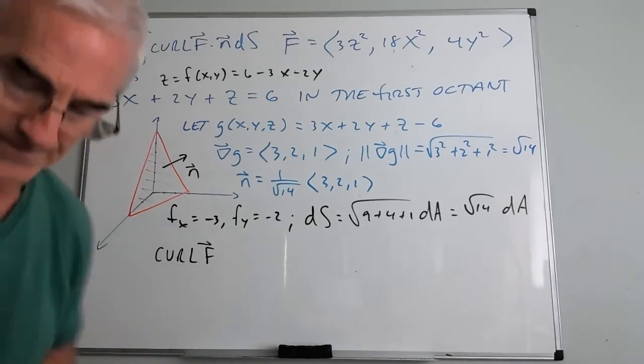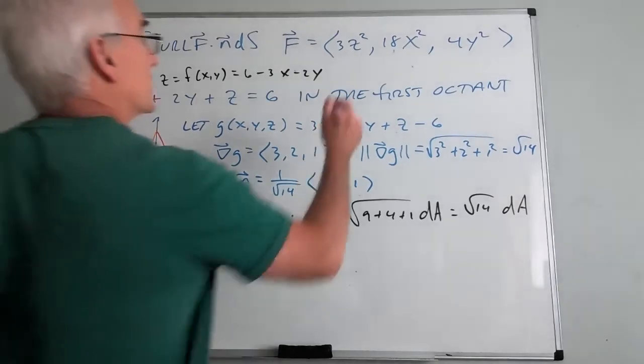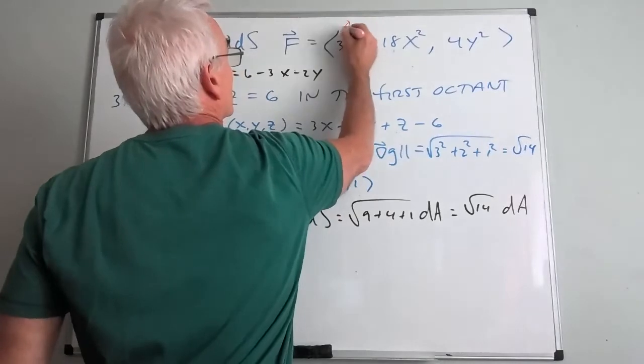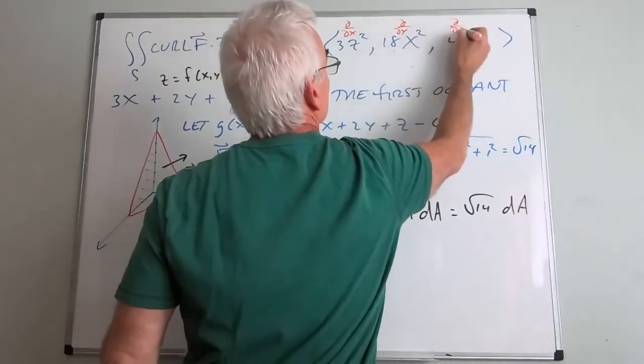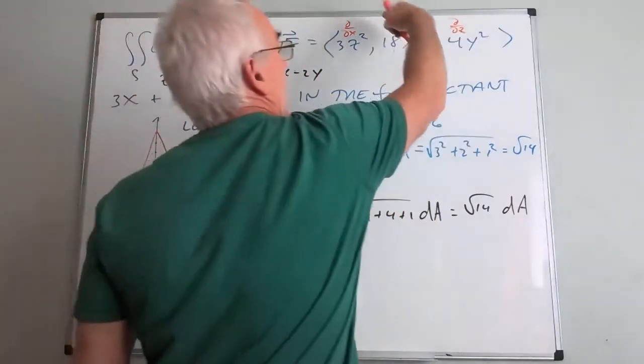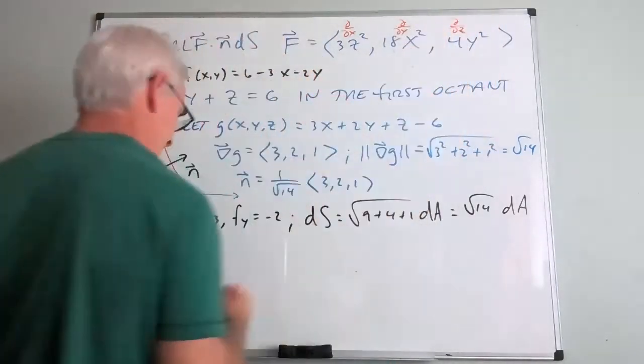So the curl of f. So the easiest way to do that, right? My x, my y, my z. So the curl would be this minus this.